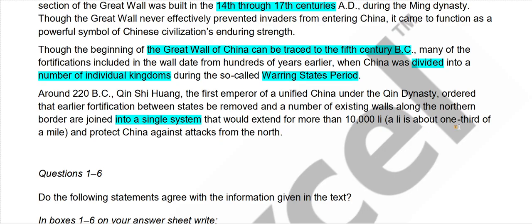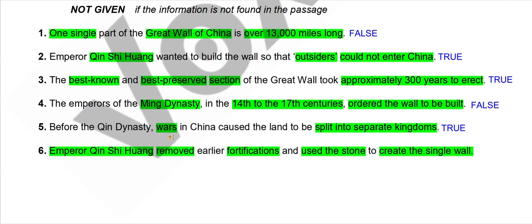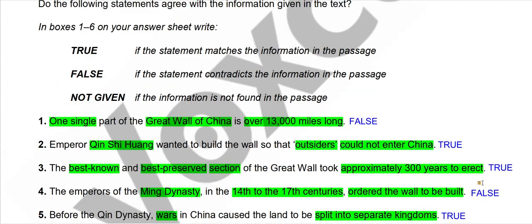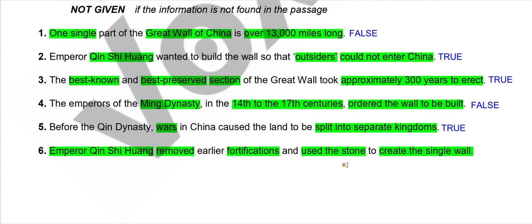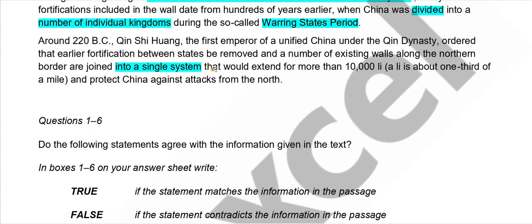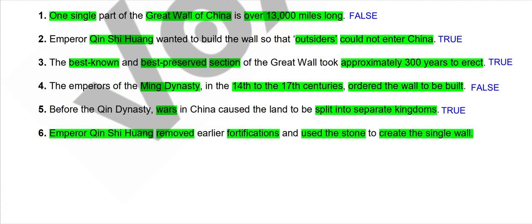A li is about a third of a mile, and protect China against attacks from the north. So yes, this particular king removed fortification divisions and created a single wall, but we don't know whether he used the stones from those earlier walls or not. Because of this, we will say the answer is not given.